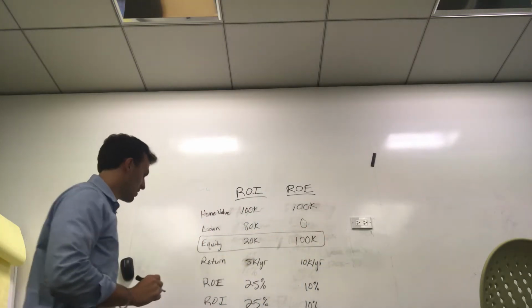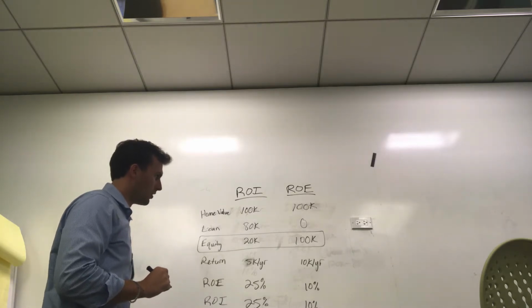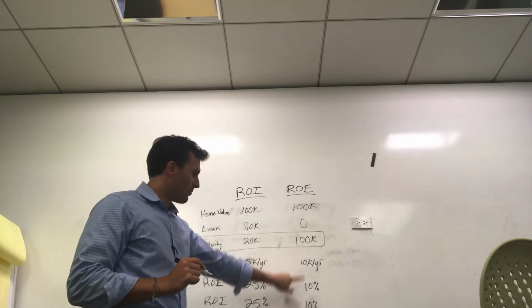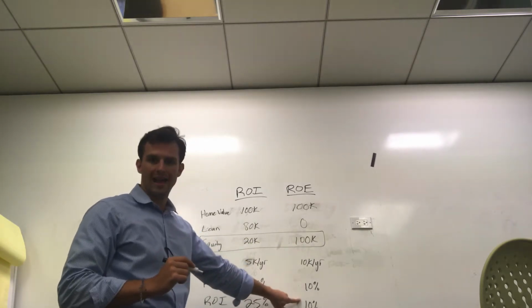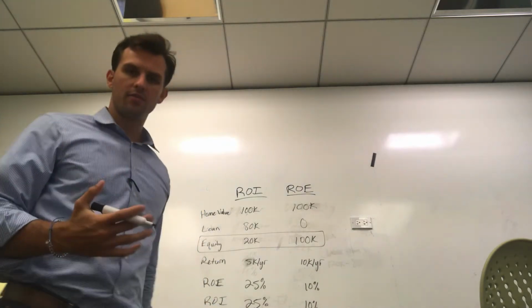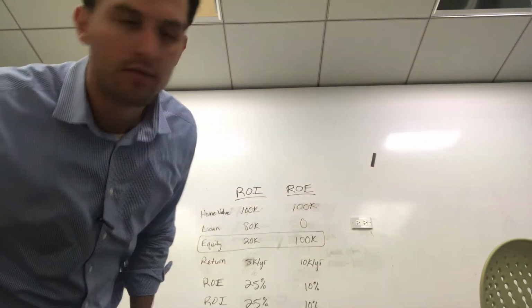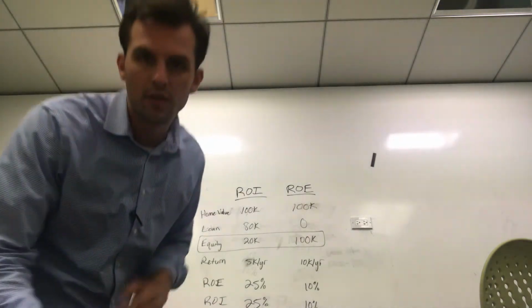So what do you guys notice? You have a lot of money that's making an average return or below average return. This is totally my opinion. Can you guys see that all down there? 25, 10, 10. Okay.